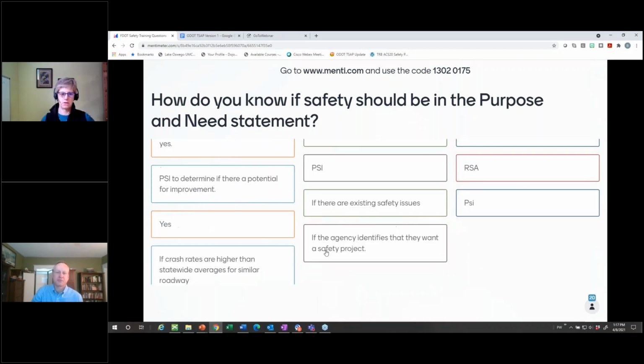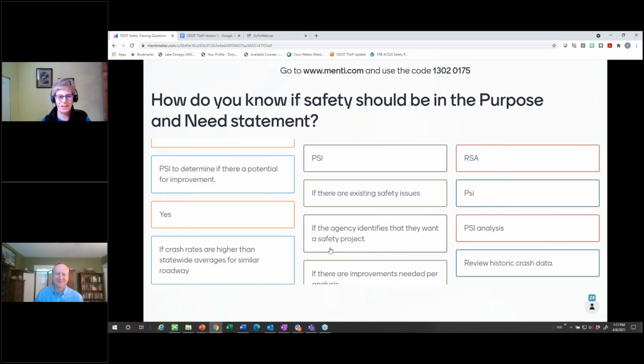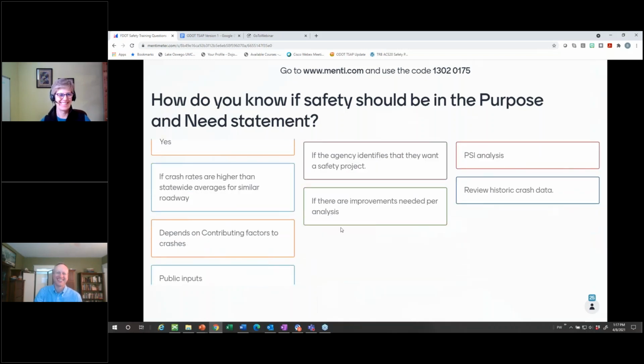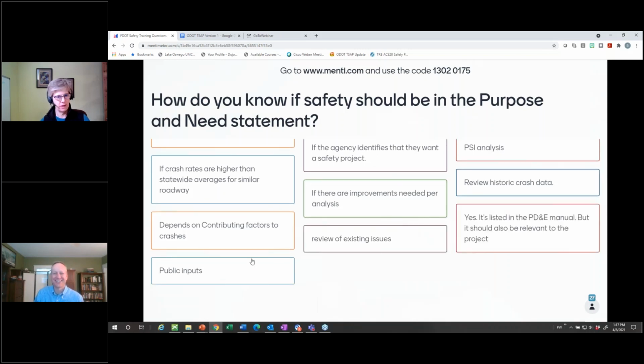Existing safety issues. If the agency identifies they want a safety project and safety is warranted, yes. I know that's a long-standing issue. Public input is a definite maybe, depending on their determination of issues, and often they're right. Often it's security that they're talking about, and that's a different story, a valid one, but maybe not when it comes to funding projects. That could be higher.